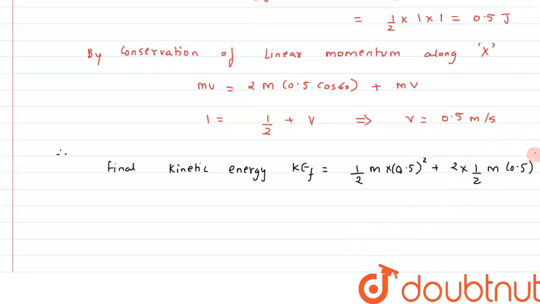Since m has been given as 1, 0.25 divided by 2 will be 0.125, plus 0.25 for the other two, so the final kinetic energy comes out to be 0.375 joules.